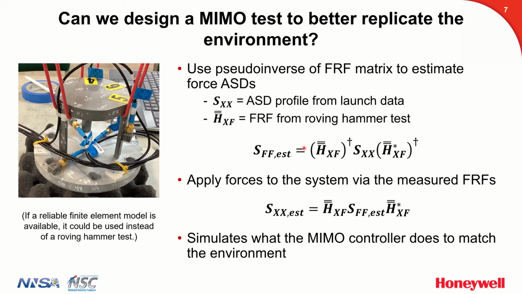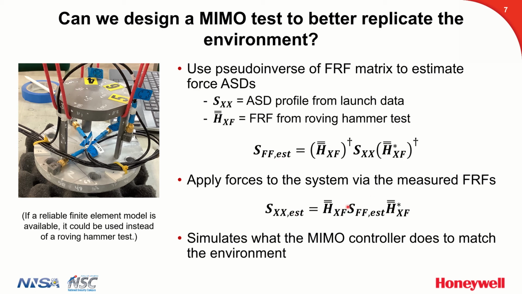So to do that, basically, we have this equation that relates the environment of interest to the forcing that's required to replicate that environment at a set of shakers. And these H's are just the acceleration transfer functions between the acceleration and the force. So, knowing the environment, we can solve for the forces using this equation.